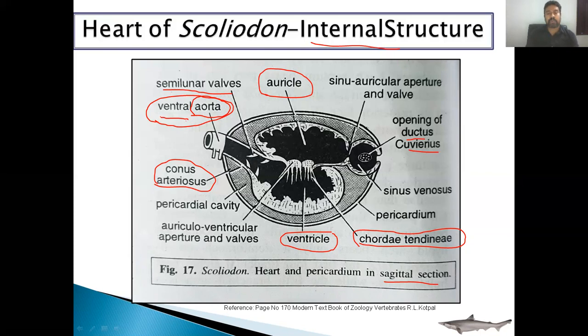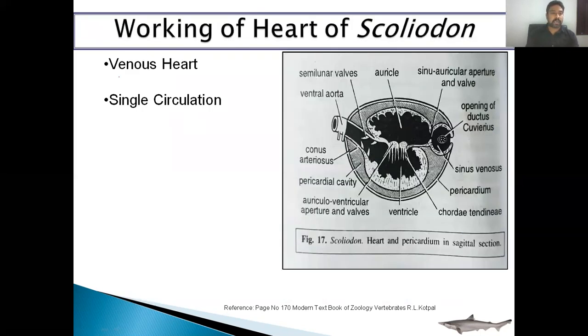If we discuss the working of the heart, it is a venous heart. It receives only the venous blood, only the deoxygenated blood, and there is only single circulation. Single circulation means the blood comes through the heart only once. In the case of human beings, we have double circulation. First the blood comes to the right side, then goes to the lungs.